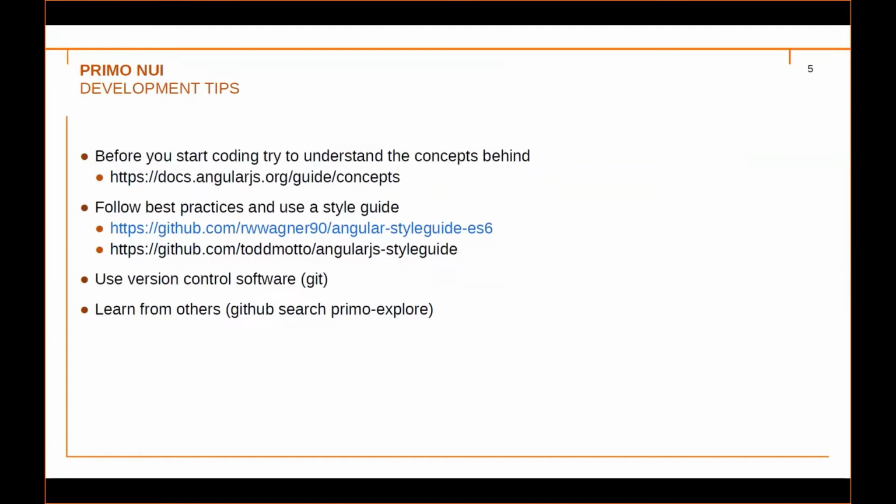And I found some information, and this is the base of what we have today. So it turned out to be a good practice, a common practice and best practice when coding for AngularJS. We also use version control. That's always a good idea. And I learned a lot from others. On GitHub, you will find a lot of Primo related code.